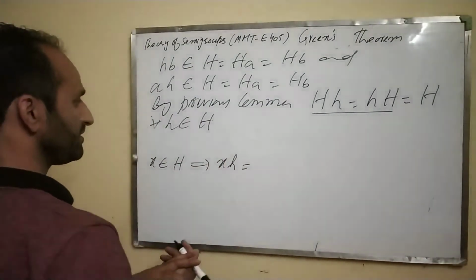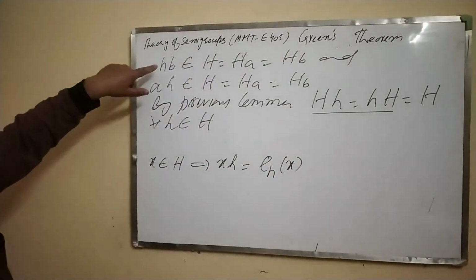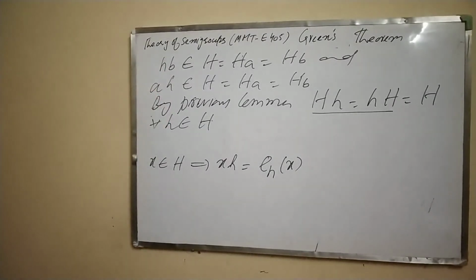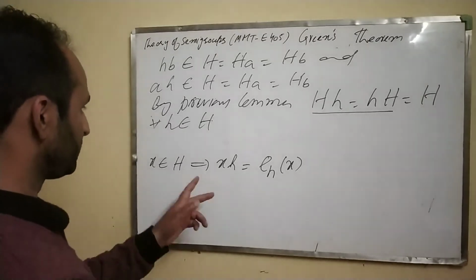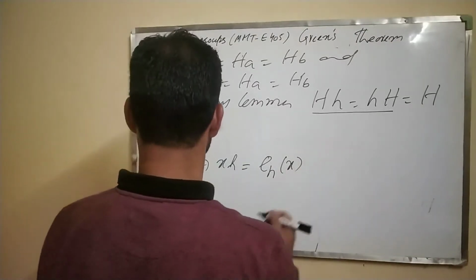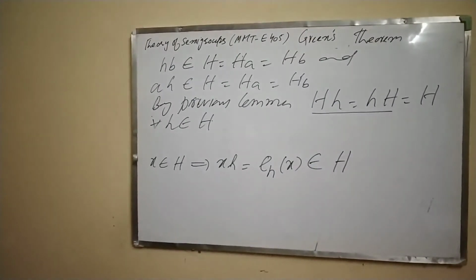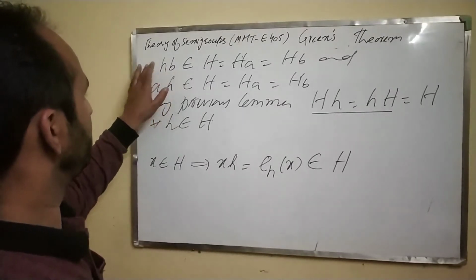It's the right translation, rho H of X. But rho H of X is actually the right translation here, which is equal to XH, and it's a map from H onto H itself that belongs to H.